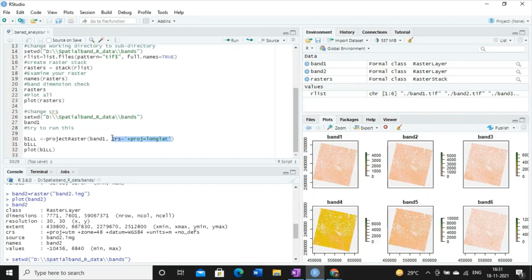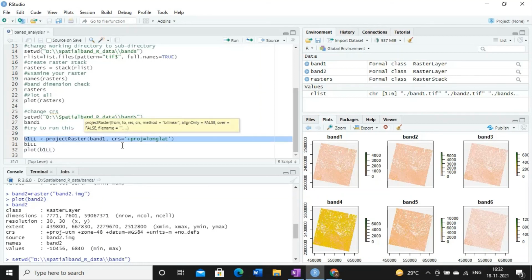Whatever band I have now, I am going to convert into that coordinate reference system. Then the conversion process is carried out. This is how we can convert each and every band, and here I am using one variable, B1LL. It will take a considerable amount of time if I execute this line of code.